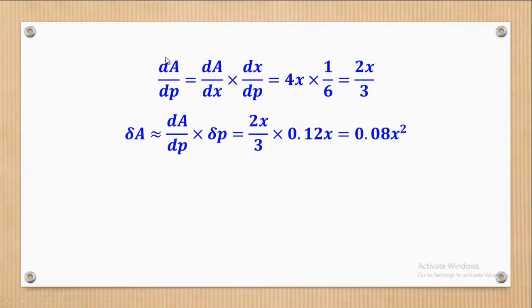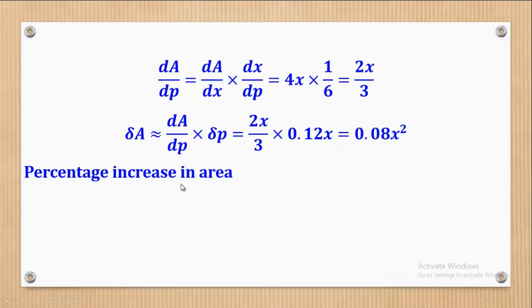Now that I've got dA/dP, I can now get small change in area from the formula that the small change in area approximates to dA/dP multiplied by small change in P. My dA/dP was 2x over 3 and small change in P was 0.12x. When I multiply, I'll come up with 0.08x squared. Now the question wants percentage increase in area.